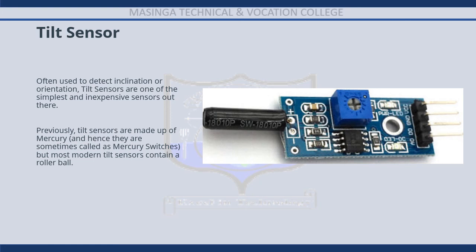Hence, it was able to conduct electricity. These sensors were commonly known as mercury switches because once you tilted them, the mercury would flow towards one point where it would complete a circuit. However, modern tilt sensors contain a roller ball.